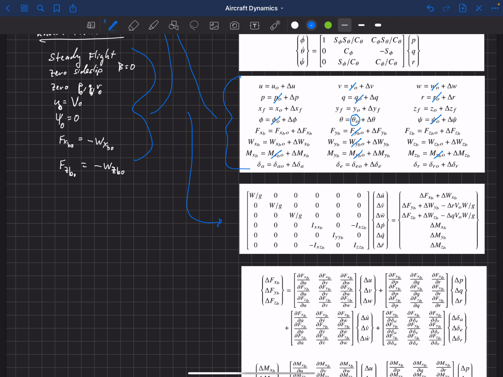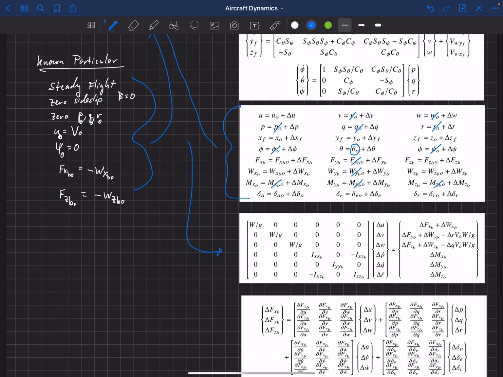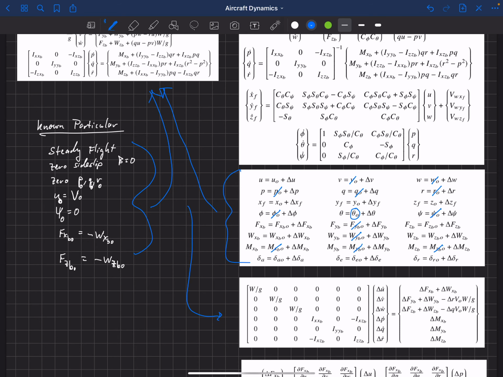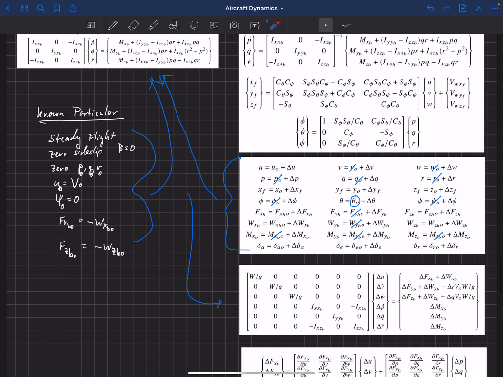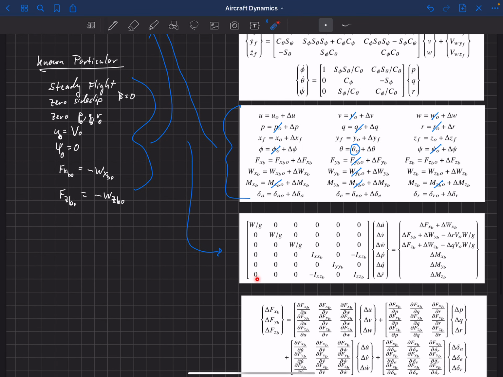Now this is just F equals ma, so for a minute we're not going to look at these kinematic transformation equations. We'll come back to that in a minute. So we're just looking at these 6 equations here, F equals ma, and all of that simplifies to this relationship right here. Once we plug in all of these values, many of them drop out because they're 0.